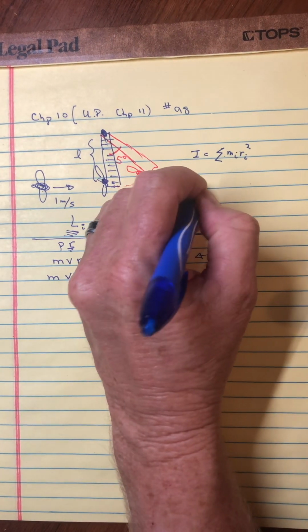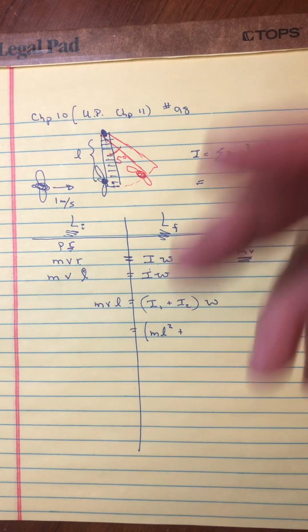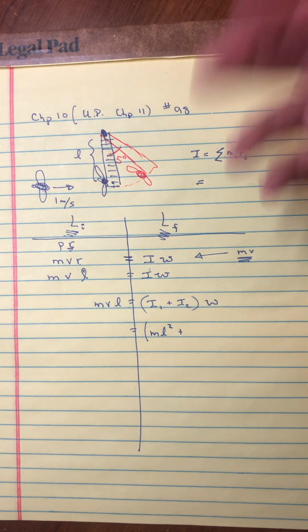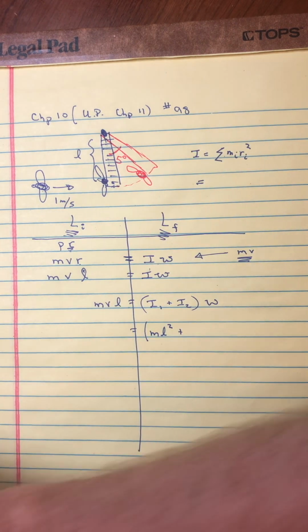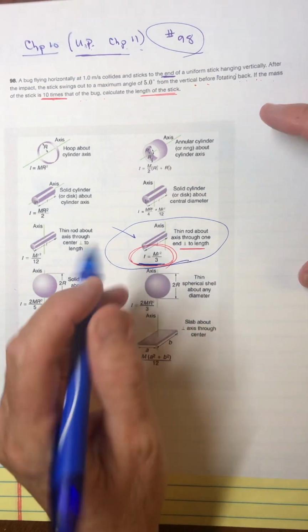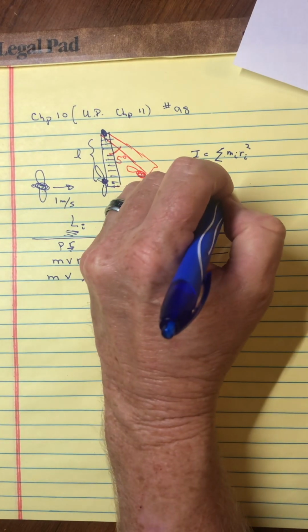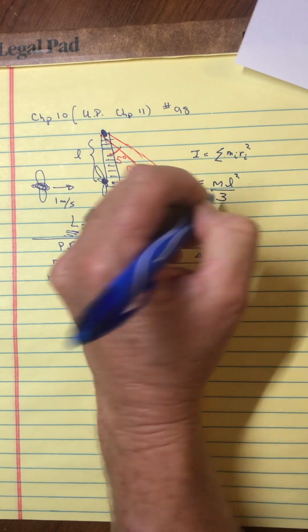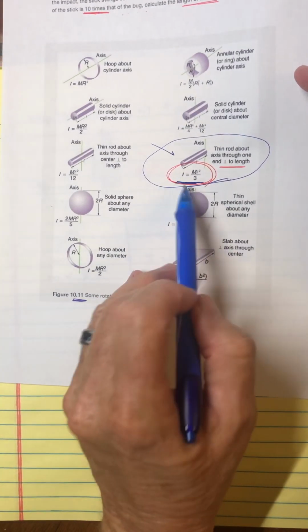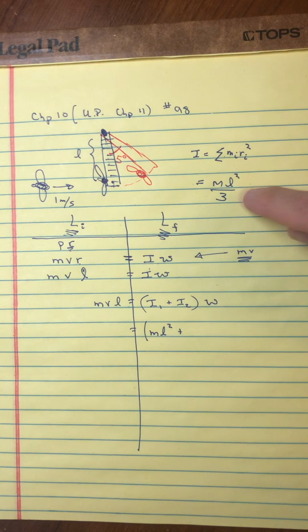And by the time you added all 10 of those together, and even then, you should probably do better and cut it into 100 pieces or 1,000 pieces or an infinite number of pieces, and that's what our calculus is for. And so without actually doing the calculus, we'll go ahead and let the author do the calculus for us. And so we've got this ML squared over 3 for the inertia of this rod, okay?